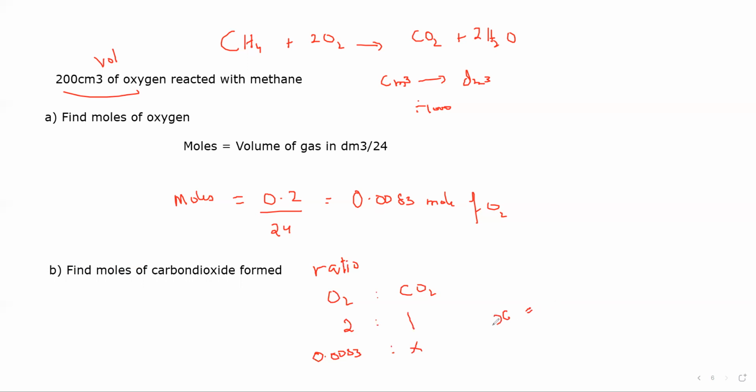What's the final answer? 2x equals 0.0083, and 0.0083 divided by 2 is 0.00417, right, in 3 significant figures, that will be moles. Is it clear to everyone? Any doubt in this part?